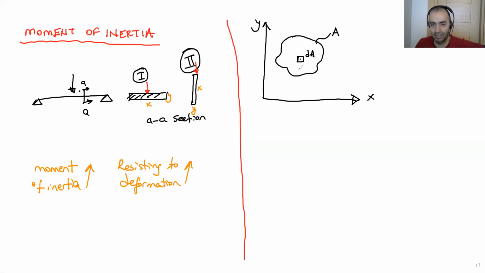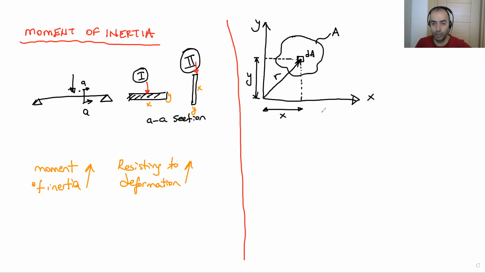We are dealing with a small area, and here we have X and Y. This part is X. Here is Y. And for the next stage, this distance is R. Okay.